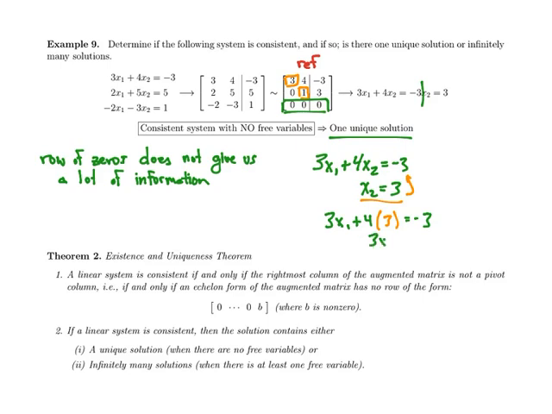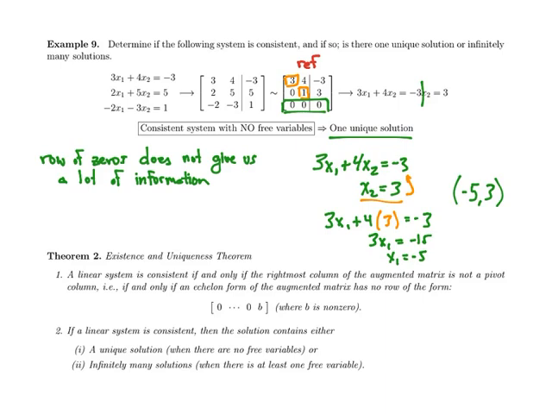That is 3x1 is going to be equal to negative 15. x1 equals negative 5, and my solution is negative 5 comma 3. Okay, I don't have the row with zeros and then a non-zero after the equal sign. And I don't have any free variables, so it is one unique solution.